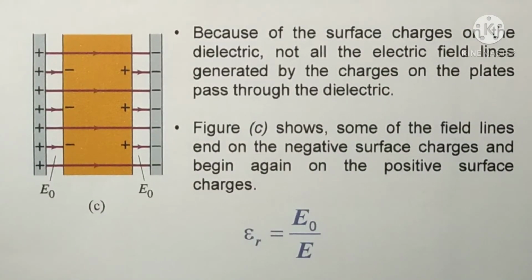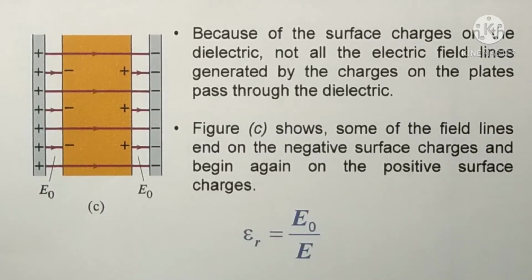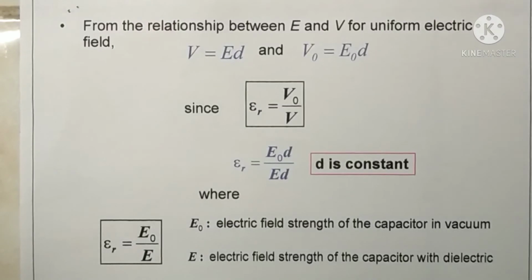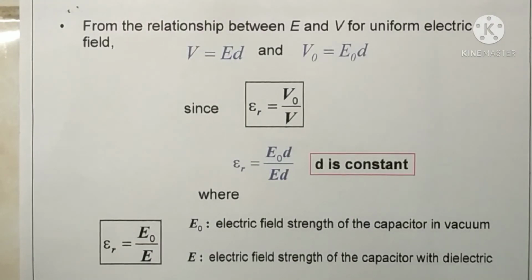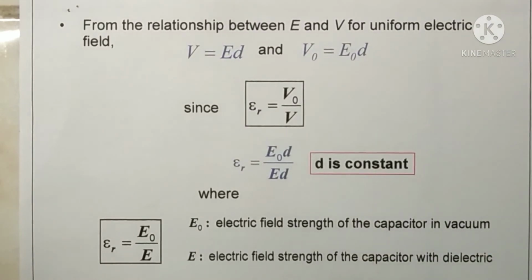And the dielectric constant permittivity R is the ratio of E naught and E. E naught is the electric field strength of the capacitor in vacuum, whereas E is the electric field strength of the capacitor with dielectric. From the relationship between E and V for uniform electric field, where D remains constant, we can justify that the permittivity R, the dielectric constant, is the ratio of E naught and E.